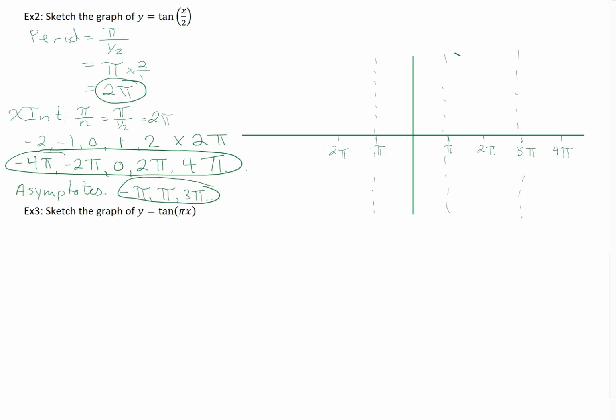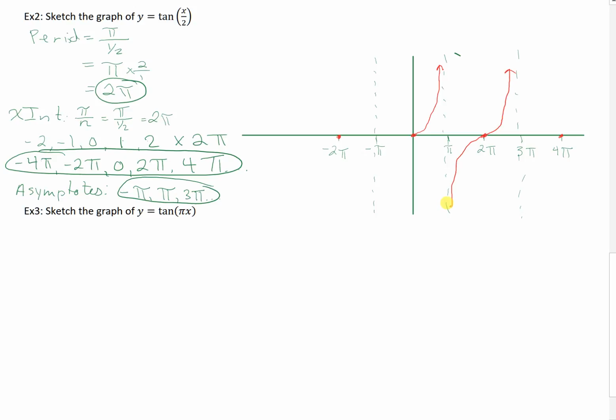And then when I start actually drawing my graph, again I'll do that in red, I can put on my zeros, my points of inflection. I like to start with the 1 at 0 because I know it starts by going up. Switches to drop down negative.